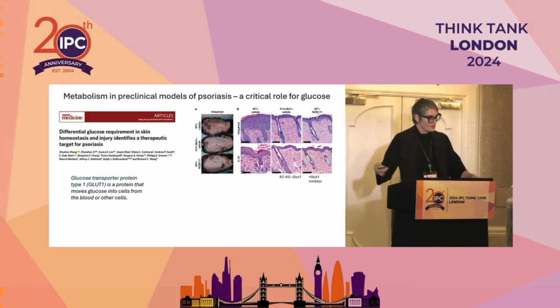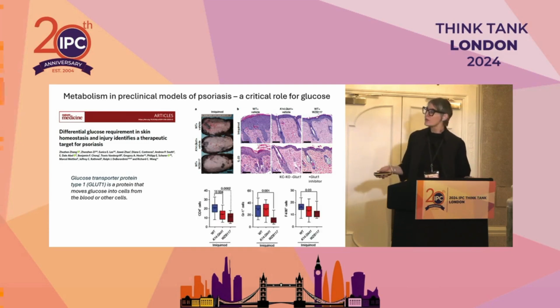You get a decrease in Ki67 proliferating cells, a decrease in phospho-STAT3. They show a bunch more in vitro data showing similar findings. And in the animal model, they also show that knocking GLUT1 out of the keratinocyte also decreases the number of T cells and the number of cells producing IL-17A, as well as the number of neutrophils and macrophages.